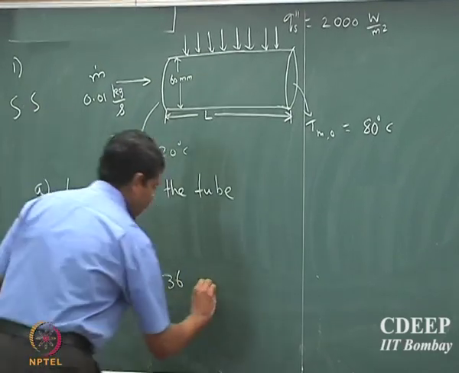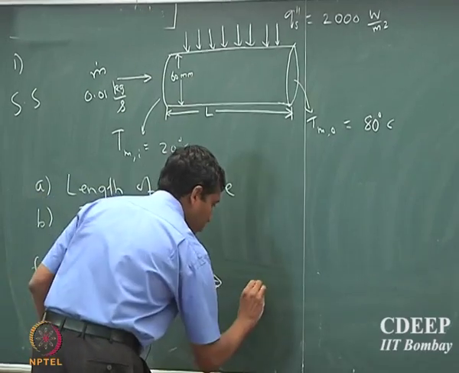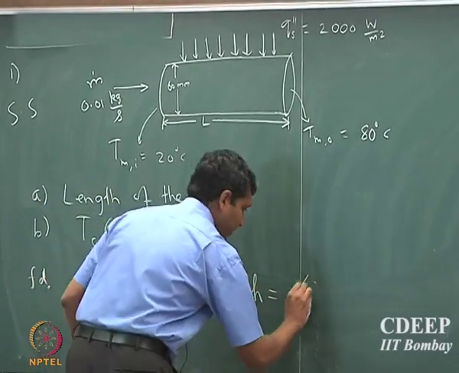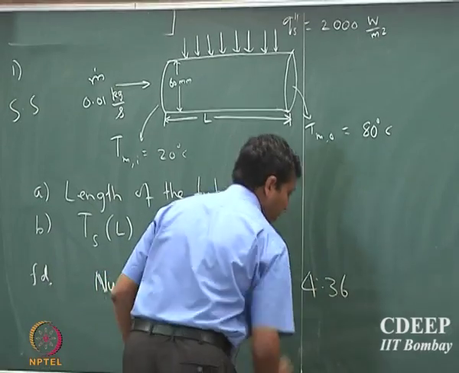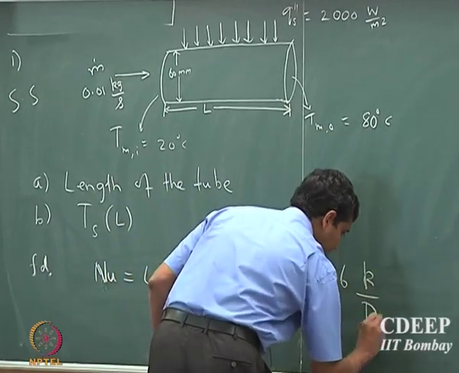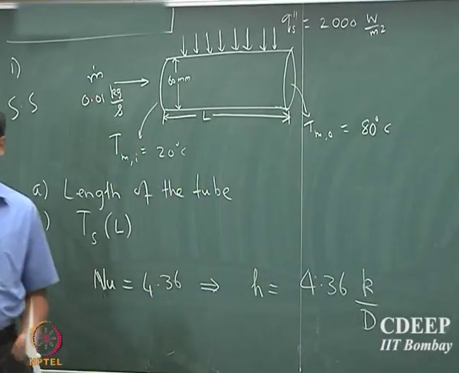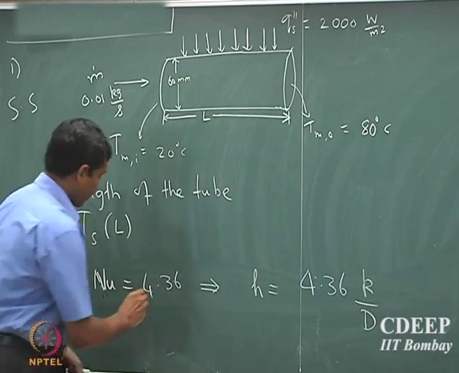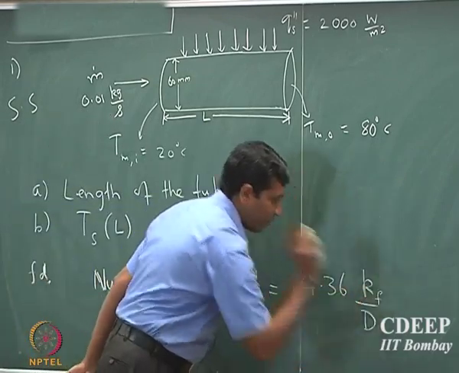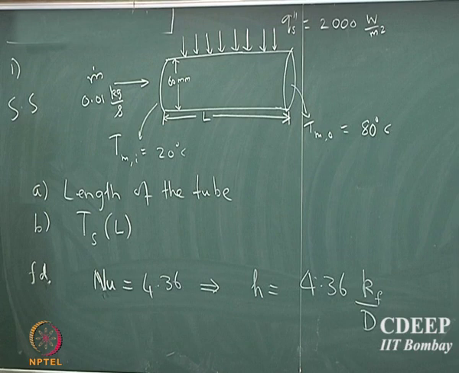So from here, I can find the heat transport coefficient, 4.36 into K by D. That's the conductivity of the fluid, Kf, divided by D. So from here I should be able to find the heat transport coefficient, right?